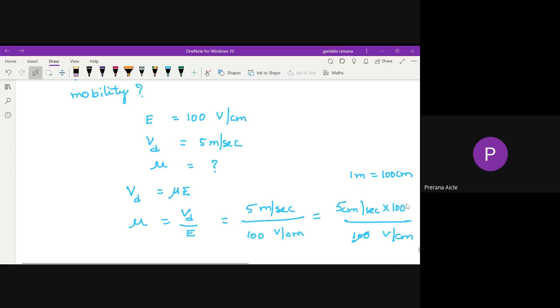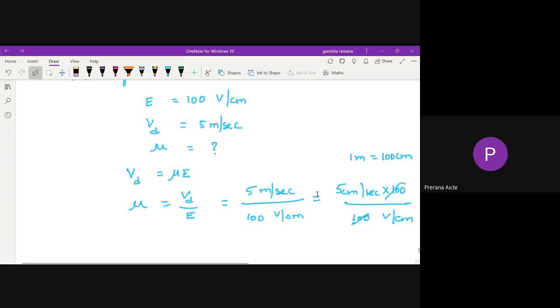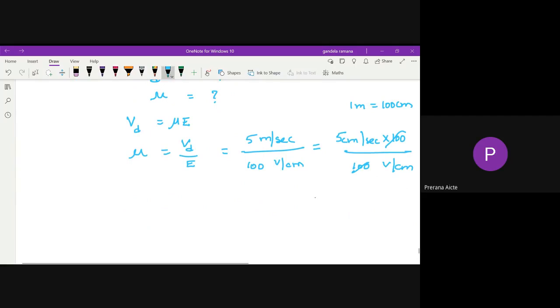So mobility mu is equal to 5 centimeter square per volt second. This is the value of mobility.